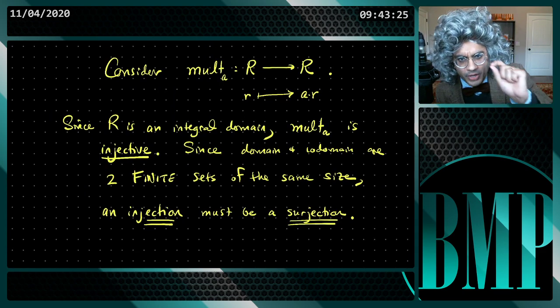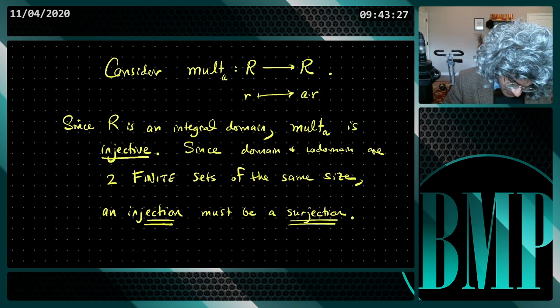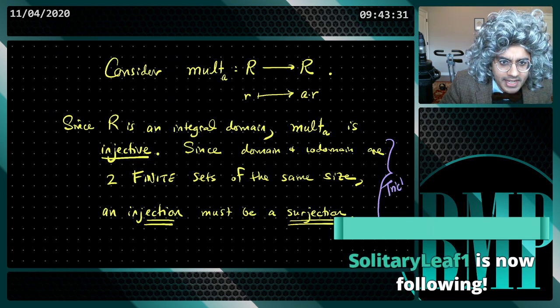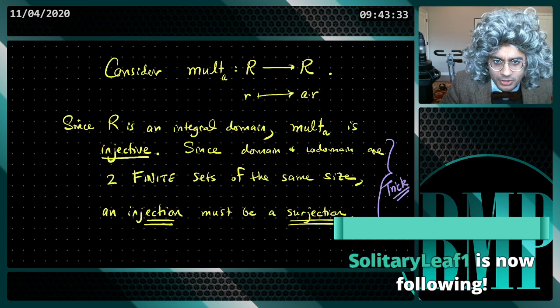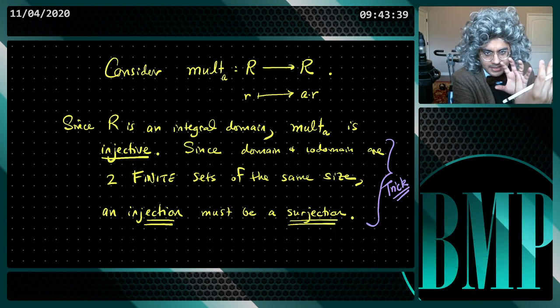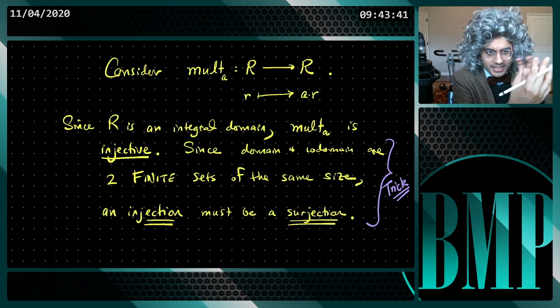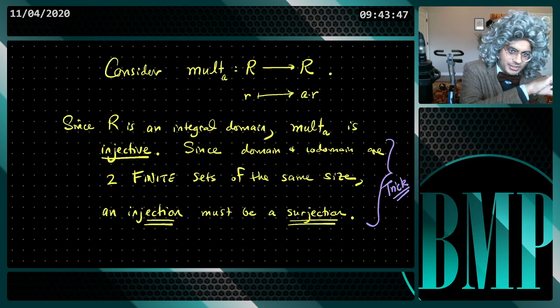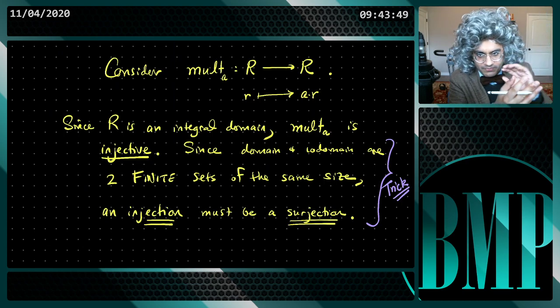This is a little trick if you haven't seen it in this class. You're collecting tricks of the trade. If you want to show a map is surjective, you can show injective instead.